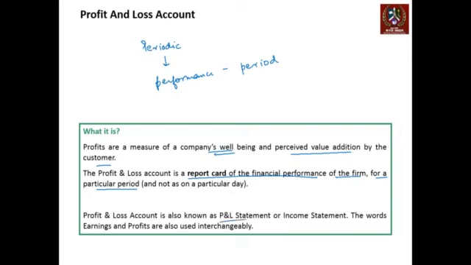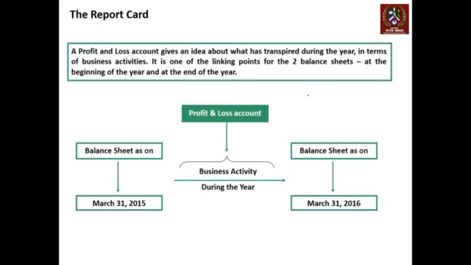So this is also known as P&L statement or income statement. The words earnings and profits are also used interchangeably, right? So that's broadly a straightforward basic definition of what a P&L statement or a profit and loss account looks like. Now let's understand that there are various definitions of profits that come out. First, let's revisit our initial discussions.